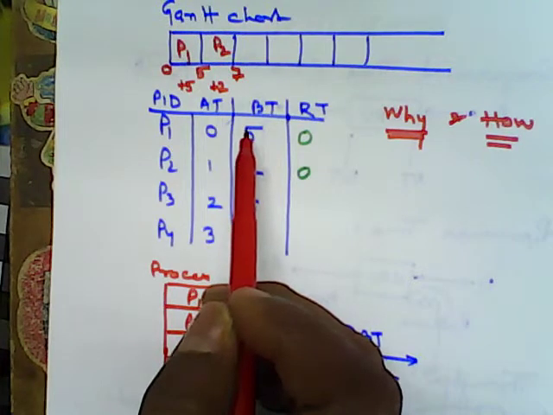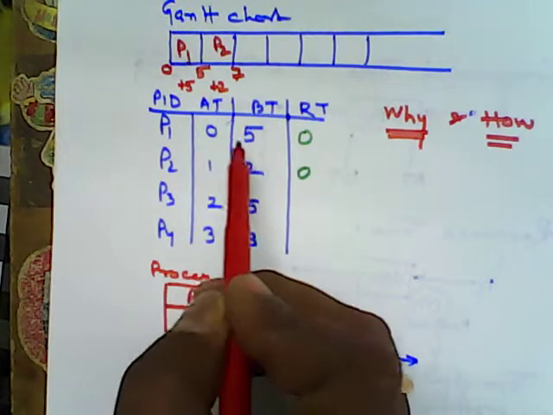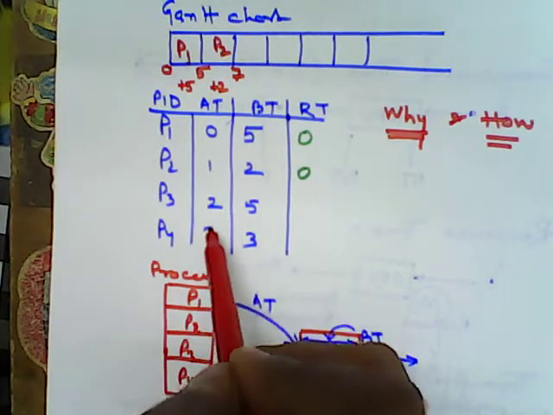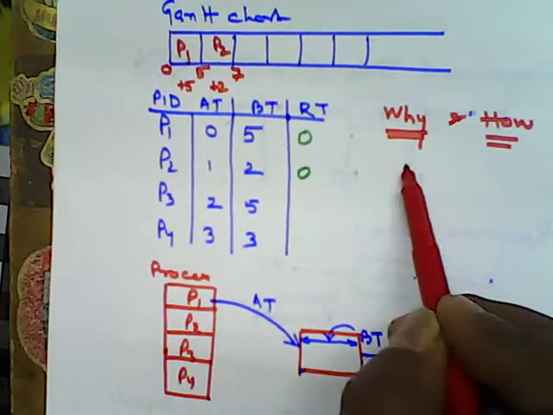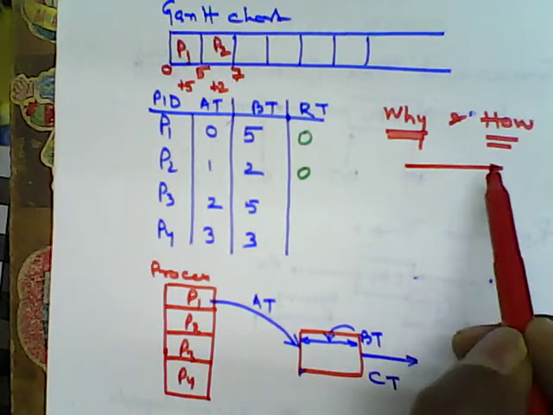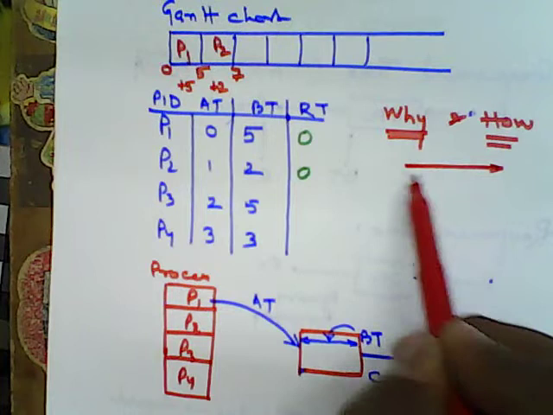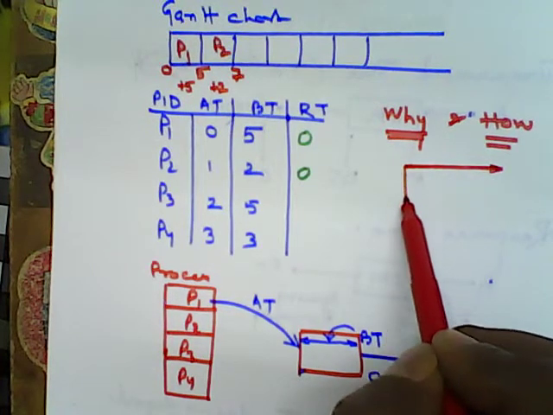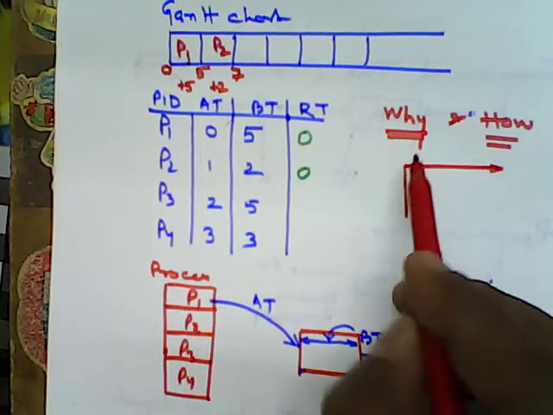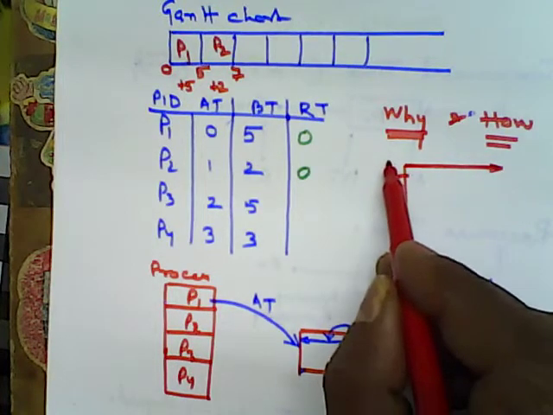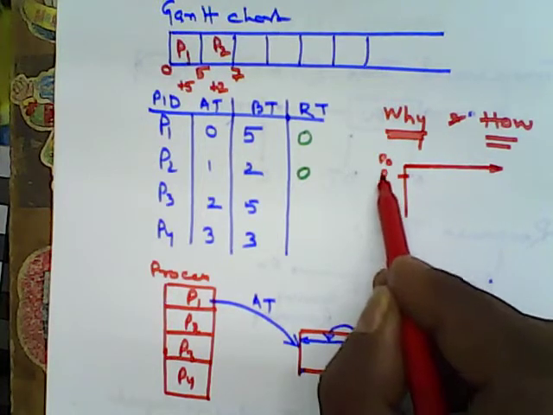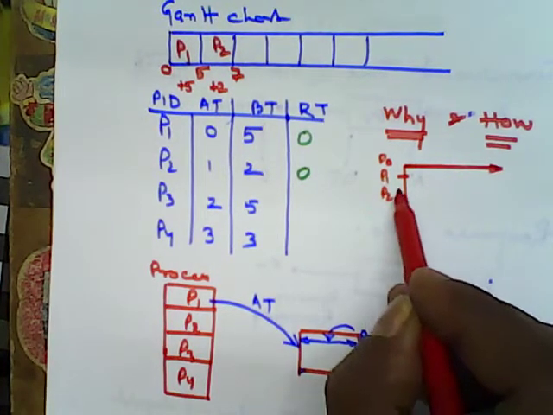If you see from the horizontal way, this is the process going time. This process going time and the process arriving here, if you try to equate, then the first process is P0, then P1, then P2, then P3, and finally P4.